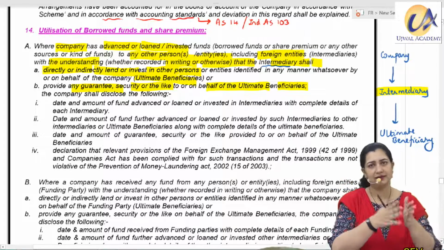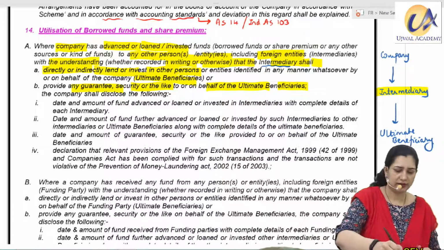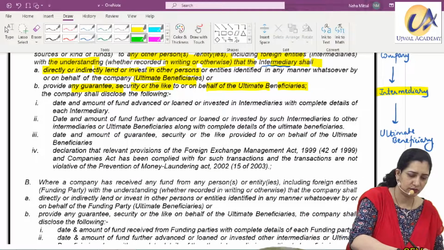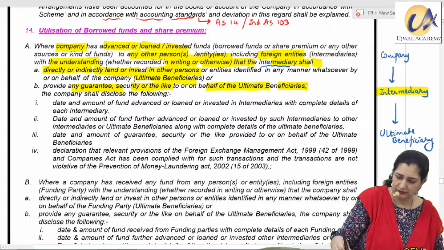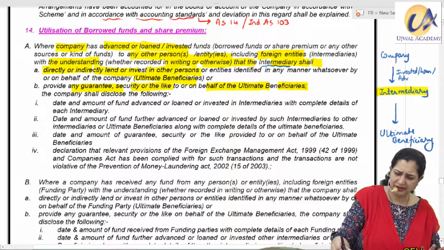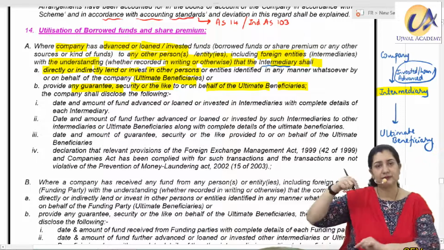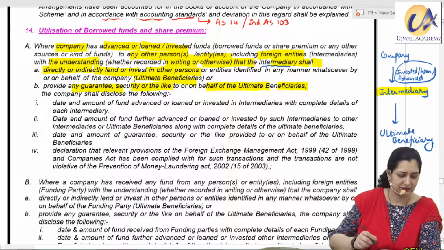So like I said, the company has invested some money. What can it be? Invested, advanced, loan, whatever you call it. The company has invested or given a loan, correct? Advanced, any amount, whatever you call it, doesn't matter. It's just that you have invested the money in this intermediary with the understanding that the intermediary has to give it to the ultimate beneficiary.